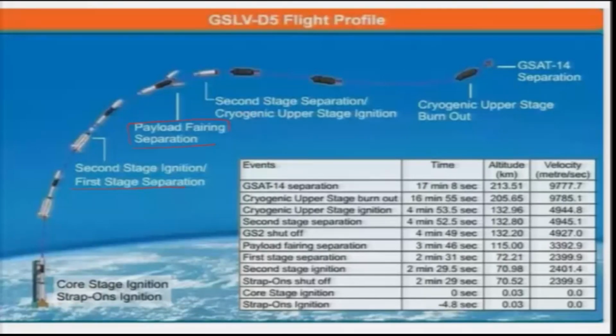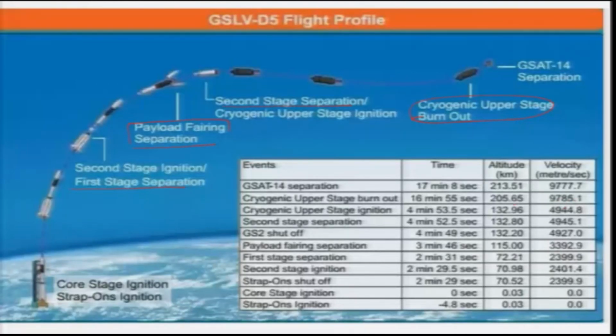Then the GS2 setup will be there. This is your second stage. The second stage separation and the cryogenic upper stage takes place around 4 minutes 52 seconds, and the velocity will now be 4945 meters per second. The cryogenic upper stage burnout will occur at about 9785 meters per second.